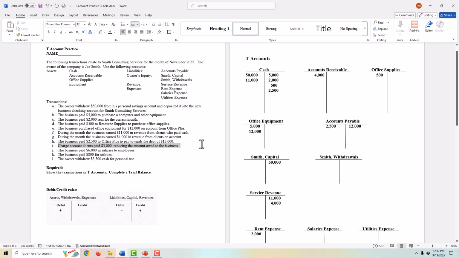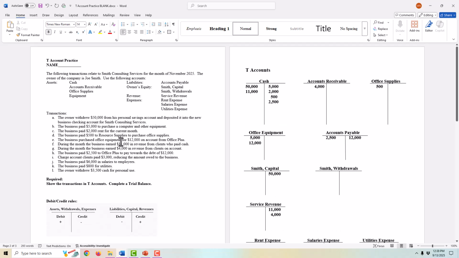Then in the next one, charge account clients paid $3,000, reducing the amount owed to the business. The business, in other words, is receiving $3,000 from those clients. And when it says charge account clients, it's referring to this accounts receivable. From the business's perspective, they're receiving $3,000 from these clients. That is going to add to cash. We add to cash, which is an asset, with a debit.